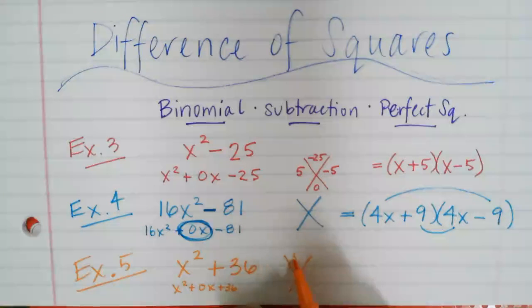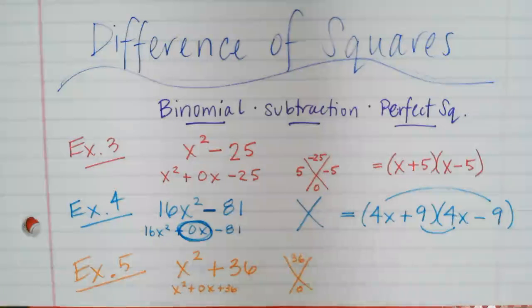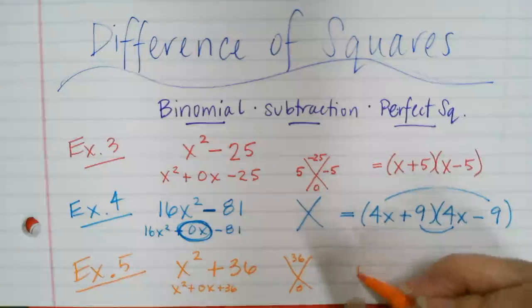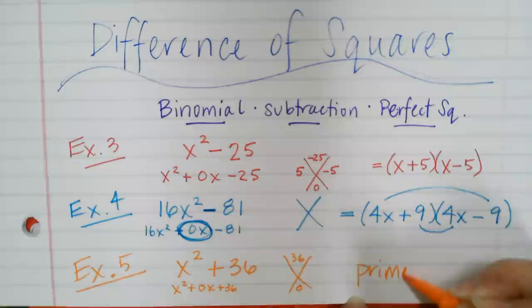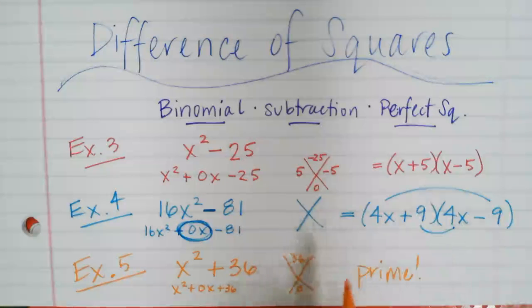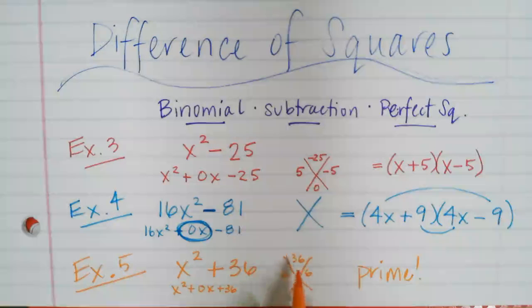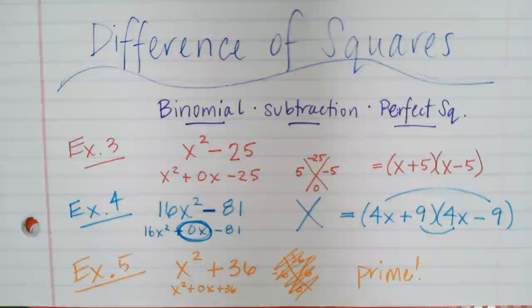Okay, this doesn't work. This one is prime. And the reason is because if you think 6 and 6 will multiply to be 36, you're correct. The problem is it doesn't add up to 0. It won't add up to 0 unless one of them's negative. But if one of them's negative, we're not going to get a positive 36. So this one just doesn't work.